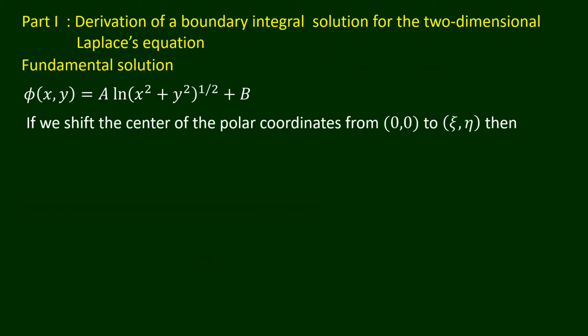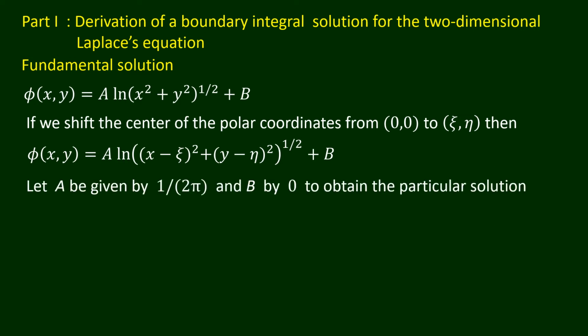If we shift the center of the polar coordinates from the point (0, 0) to the point (ξ, η), we can write φ(x,y) = a ln ((x − ξ)² + (y − η)²)^(1/2) + b. This function is a solution of the two-dimensional Laplace's equation everywhere, except the point (ξ, η).